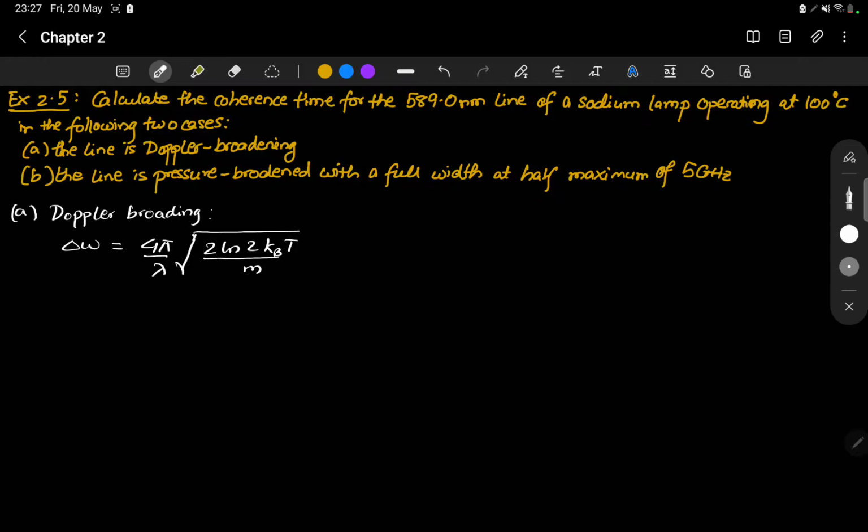This is the spectral width for the case of Doppler broadening. Over here, lambda is the wavelength. In our case, the wavelength is 589 nanometers.